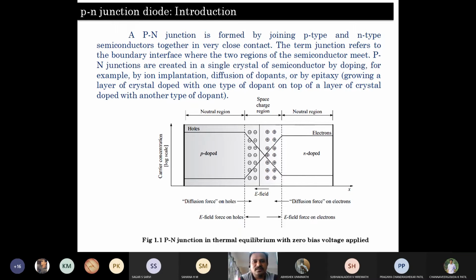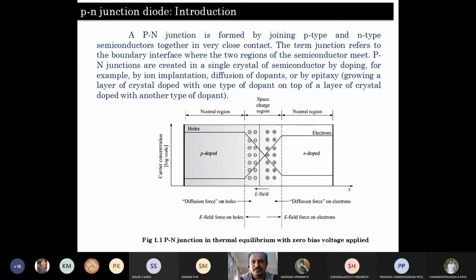We directly come to the PN junction. So what is this PN junction? It is an interconnection of two types of semiconductor materials, that is P-type and N-type, with terminals for each semiconductor material.